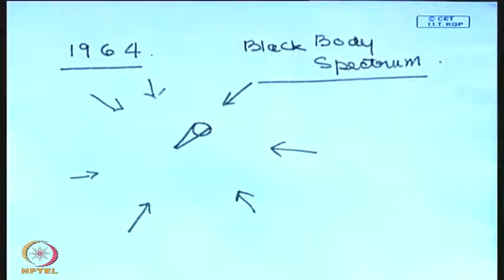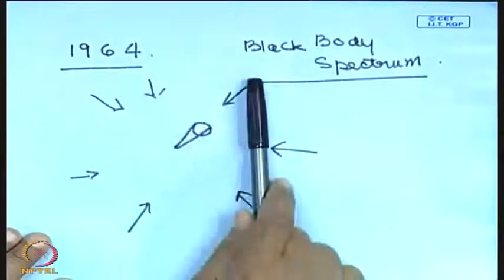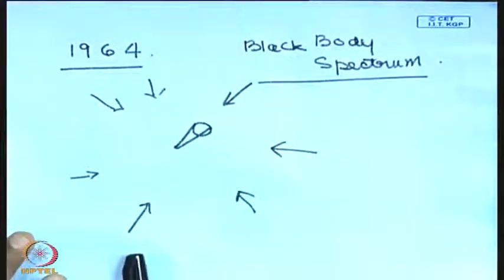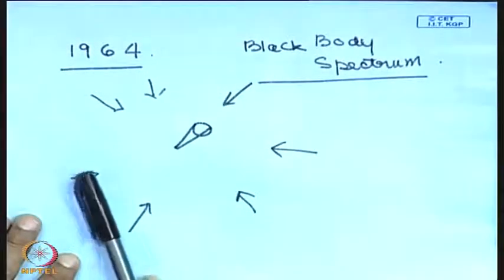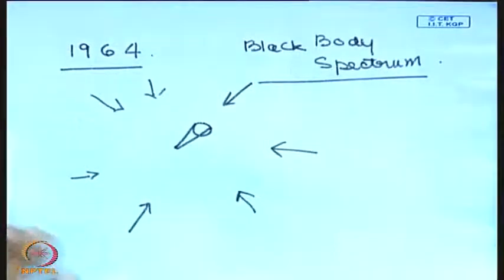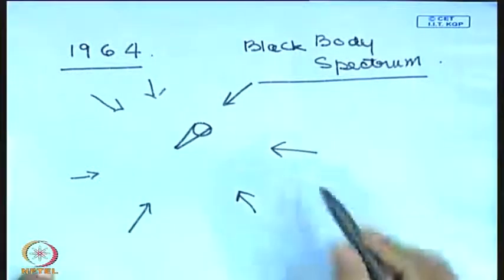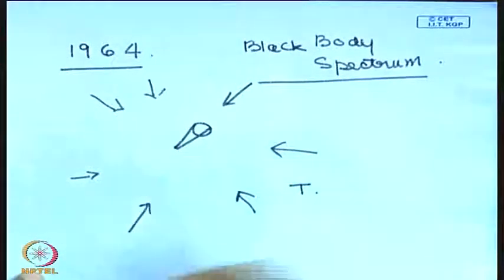Remember that this black body Planckian spectrum arises when radiation is in thermal equilibrium with matter, and they expected this radiation to have a Planckian spectrum if it is cosmological in origin. A black body radiation is completely characterized by a temperature, which was expected to be around a few Kelvin.